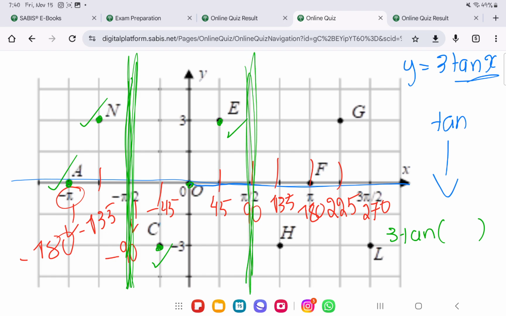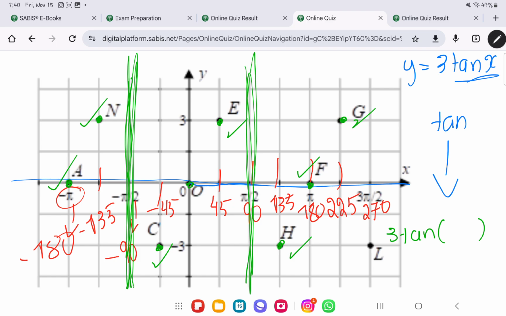Now we move on. 3 tangent 135, negative 3. Correct. Then 3 tangent 180, it is 0. So also correct. Then 3 tangent 225, it is then 3. So it's also correct.